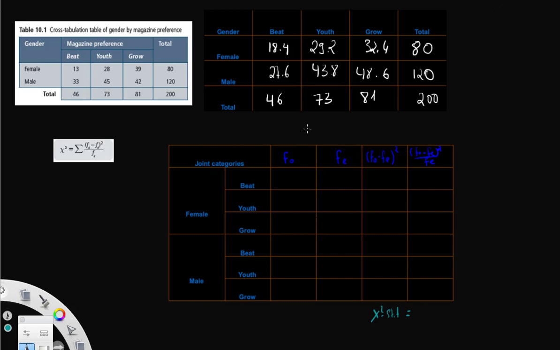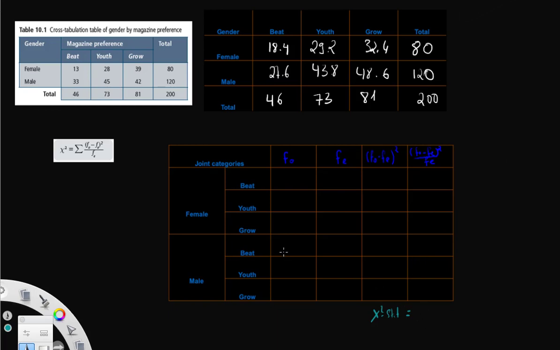So what you have to do is to plot out all your observed frequency with the matching expected frequency for each of these categories. Then you square them here. After you square them, you divide them now by this expected. Again, you put all those values here, then you add those up.